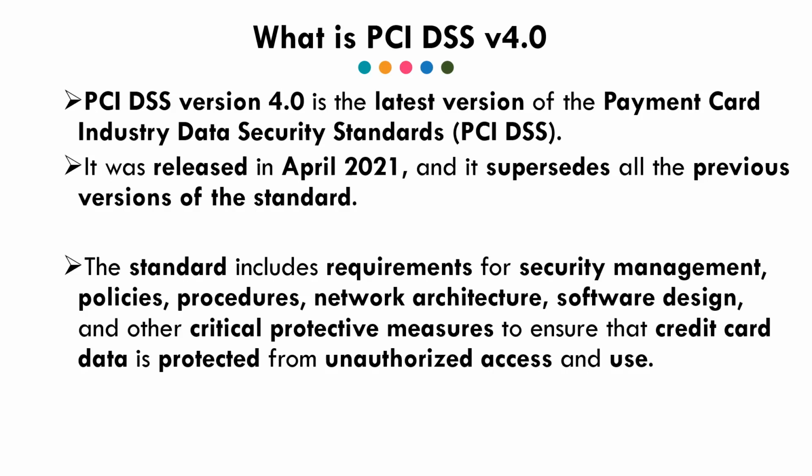So up to March of 2024, version 3.2.1 will still be valid, and most organizations will still be staying in compliance with that. And that is what assessors are also going to use, unless, of course, an organization chooses to follow version 4, then version 4 will be used for your assessment, okay? So assessment is simply audits.